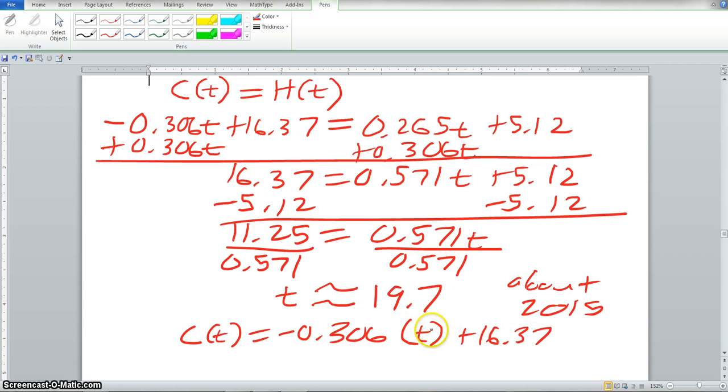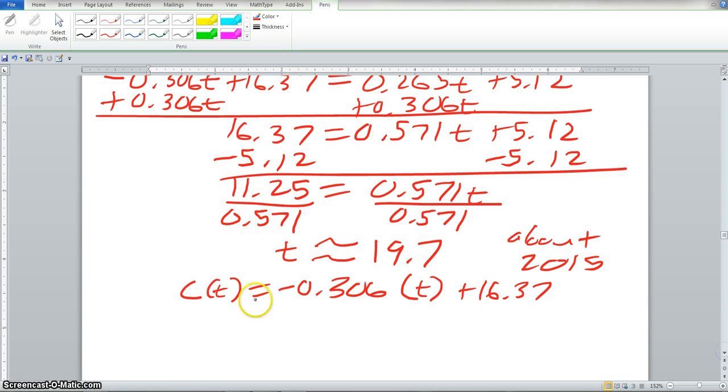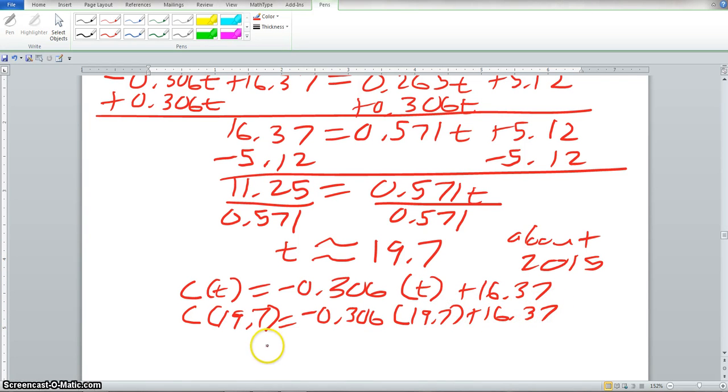You don't have to put the parenthesis around here. Now we substitute. We know this would be C of 19.7 is equal to negative 0.306 times 19.7 plus 16.37.